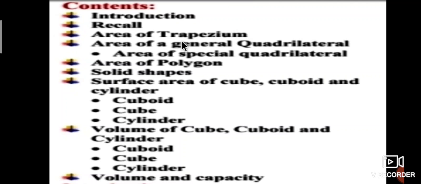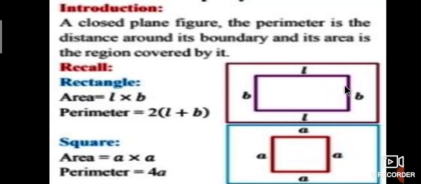Okay, today we shall discuss the introduction of this lesson. First we discuss what is area or boundary. In the introduction, we are discussing a closed plane figure. The perimeter is the distance around its boundary, and its area is the region covered by it.